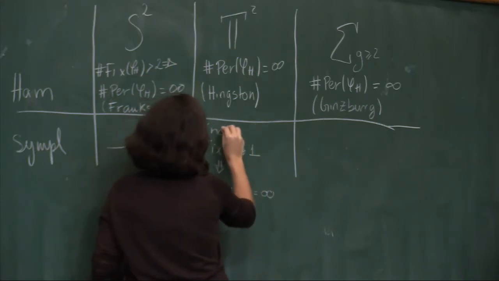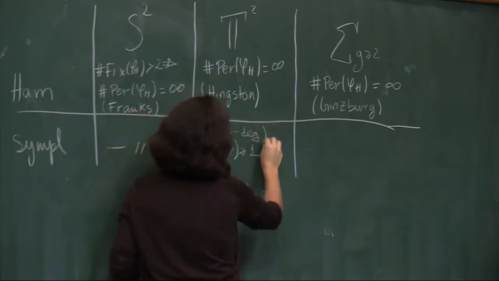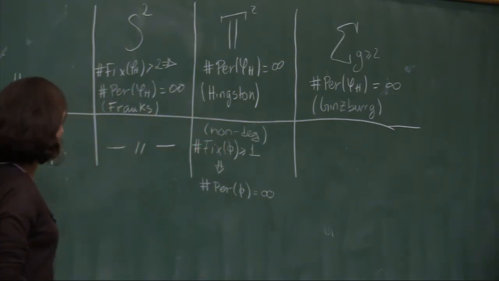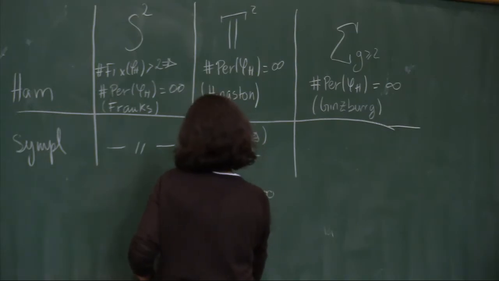Here I need phi non-degenerate. I'll make a comment on this at the end of the talk. So this is Ginzburg-Görel.